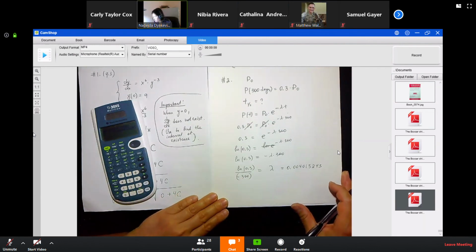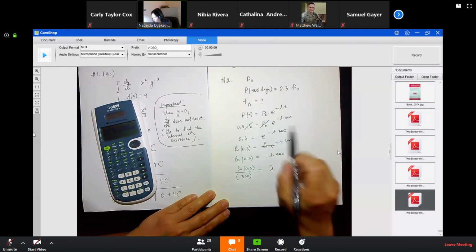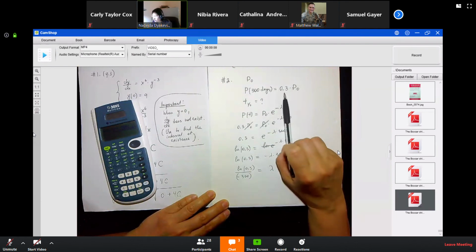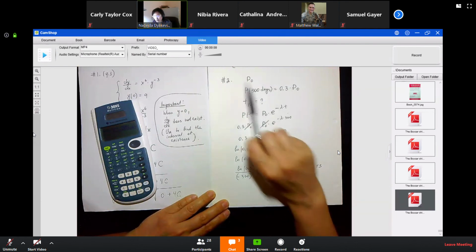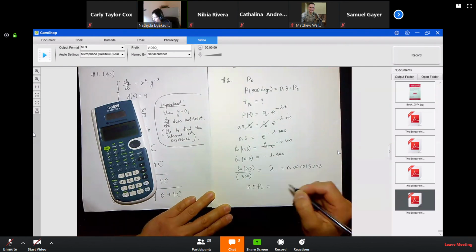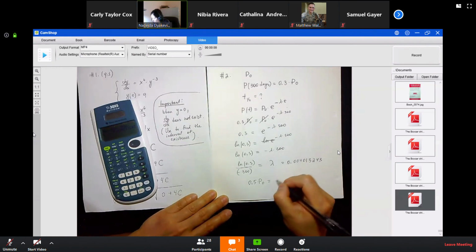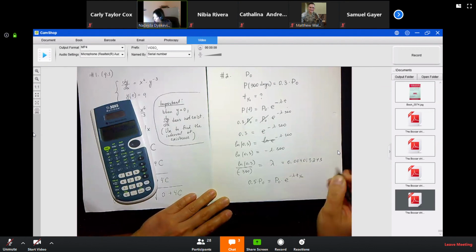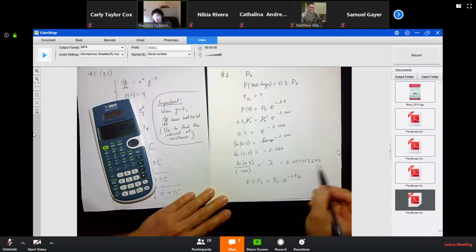So let's try to find the half-life now. Half-life means we have 50% of the initial amount left, right? So it's 0.5 p sub 0 equals p sub 0 e to the negative lambda t sub 1/2, where lambda is this number right here.